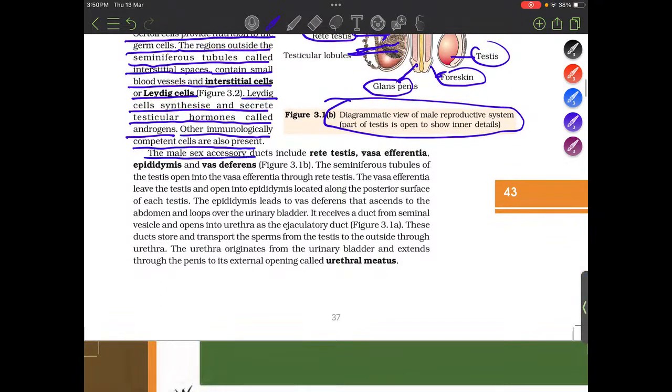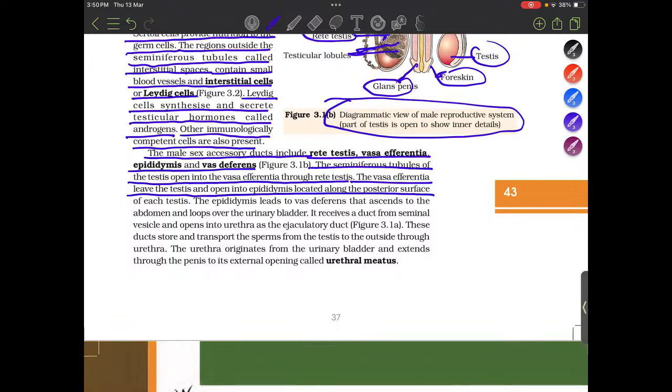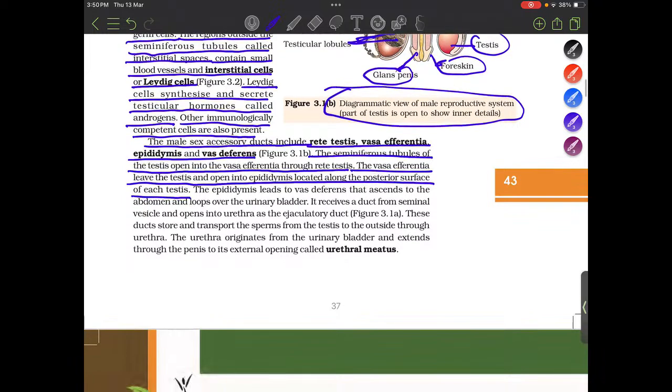The male sex accessory ducts include rete testis, vasa efferentia, epididymis, and vas deferens. The seminiferous tubules of the testes open into the vasa efferentia through rete testis. The vasa efferentia leave the testis and open into epididymis located along the posterior surface of each testis.